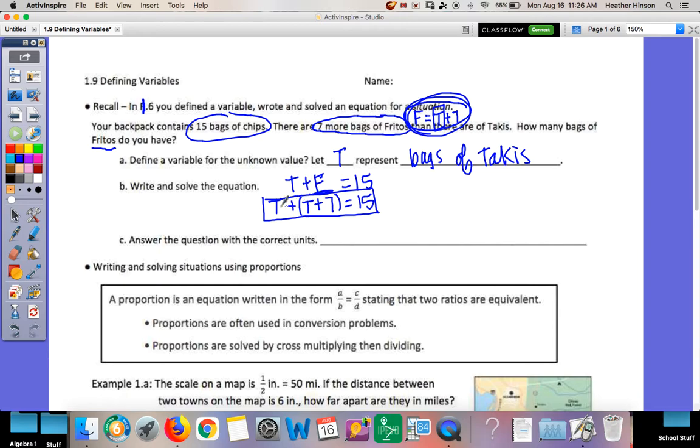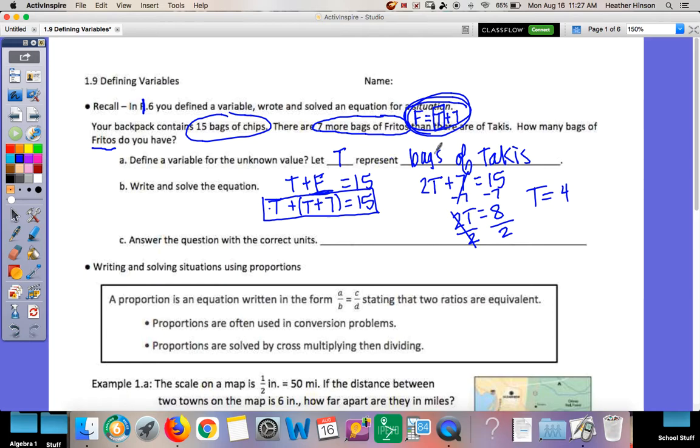So that's our equation. How do we solve it? Well, this is just plus, so what's T plus T? That's going to be 2T, and then plus your 7, because you can't combine T and 7, they're not like terms, equals 15. We're going to subtract 7, so 2T equals 8, and then just following SADMEP, divide by 2, and T equals 4.